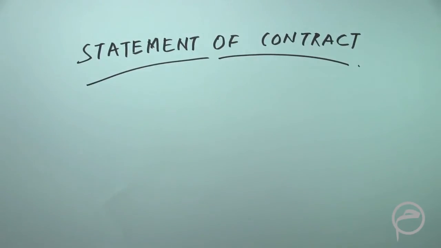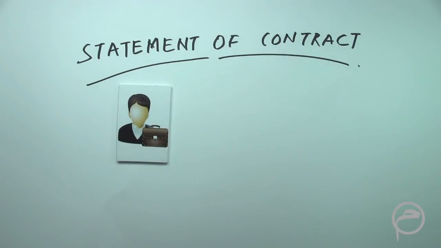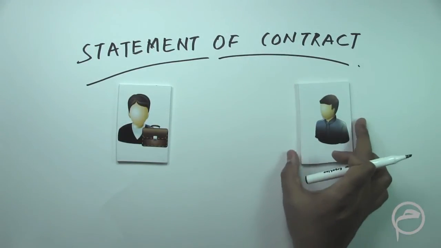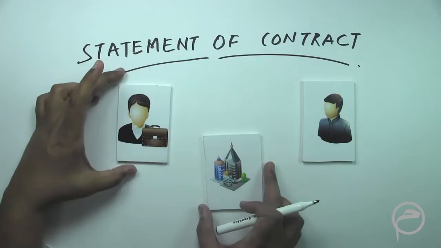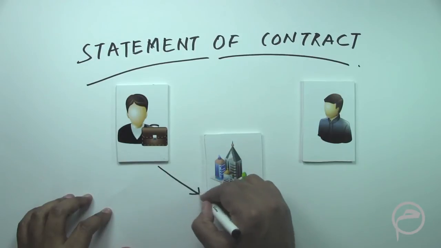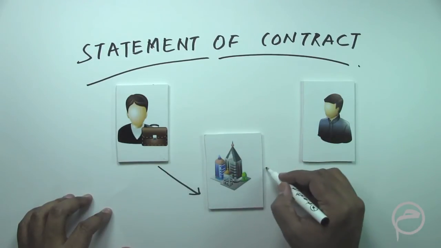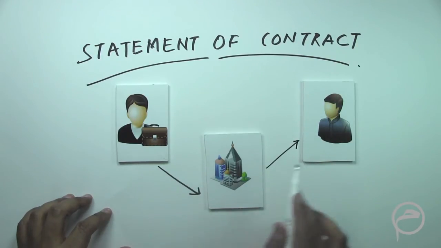As we have discussed, a contract is generally between either two parties or more than two parties. For example, this is party A and this is party B. Party A wants to sell certain real estate assets it owns to party B. So party A here is the seller and party B is the purchaser.